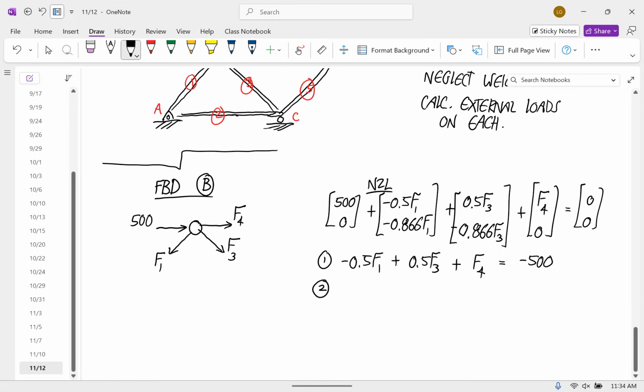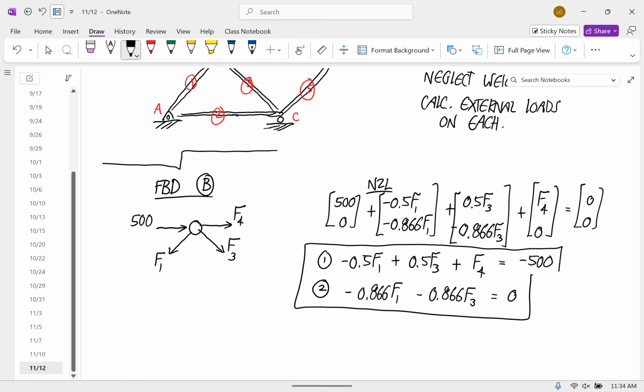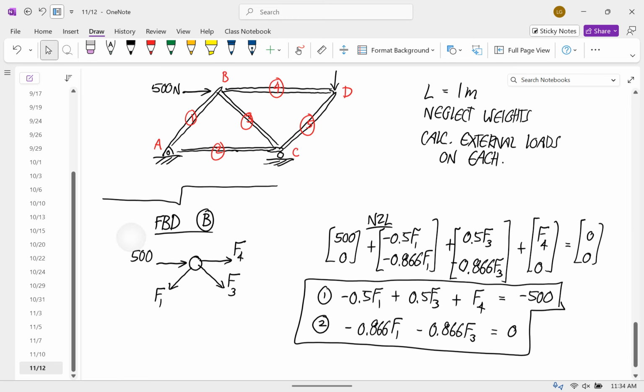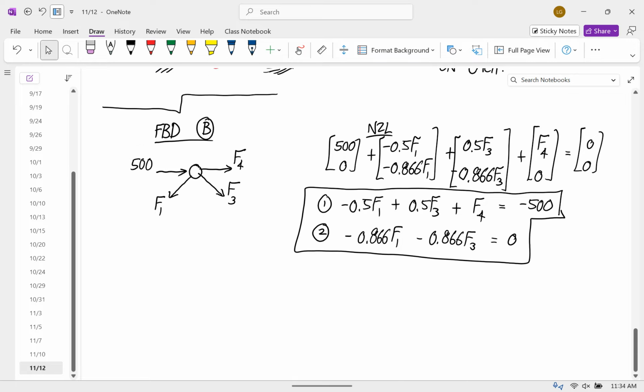And equation 2 says negative 0.866 F1 minus 0.866 F3 is equal to 0. And now I'll go to the free body diagram of joint C.